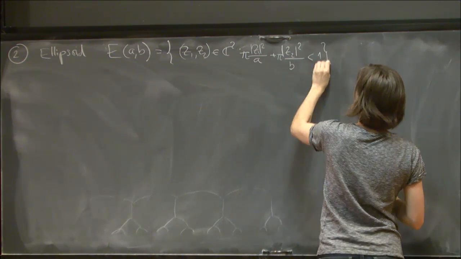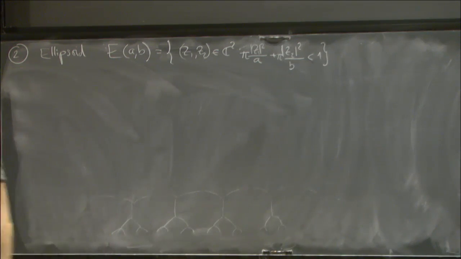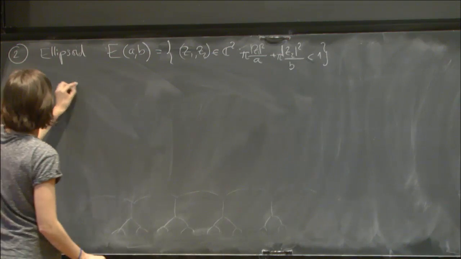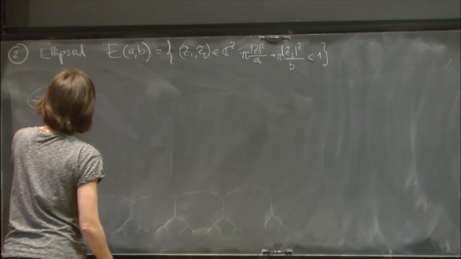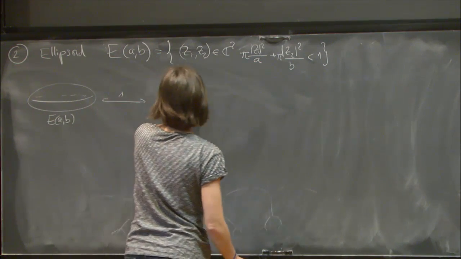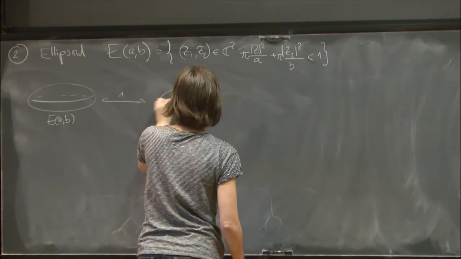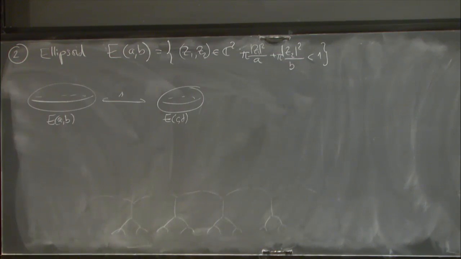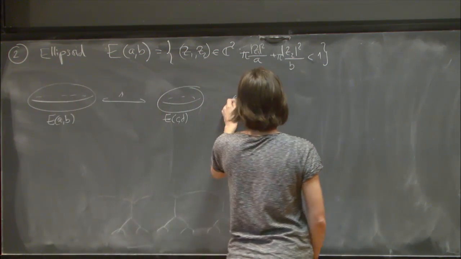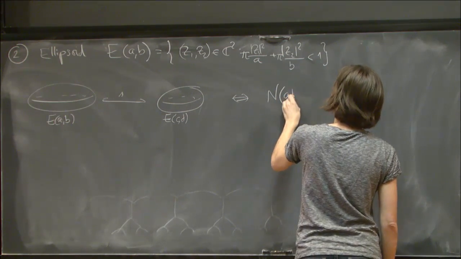I said open, okay? So then here the question is, when can you symplectically embed an ellipsoid into a slightly different ellipsoid? And the answer, of course, has to do with the numbers A, B, C, and D, but in a very combinatorial way.